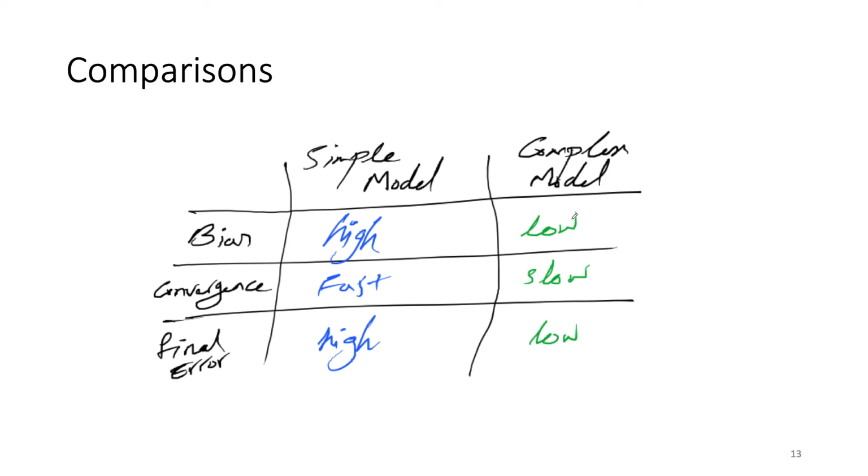And in a complex model, it's going to be exactly the other way around. So your bias would be lower. Convergence is going to get slower. So when you have a more complex model, it takes more time, more iterations in order to converge. But if it converges, the final error is going to be lower. So this is another interpretation of the previous graph.